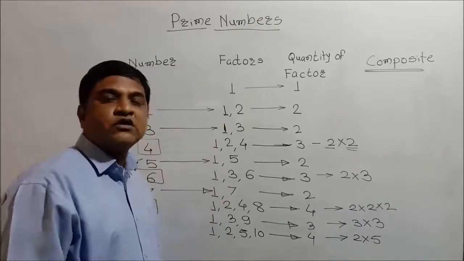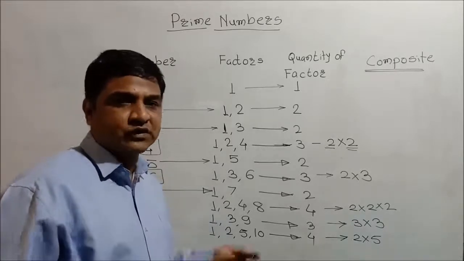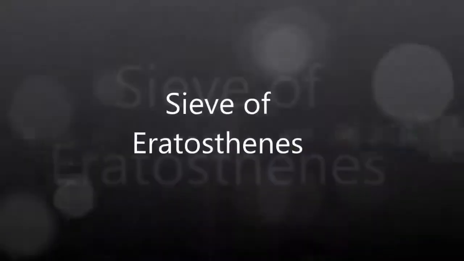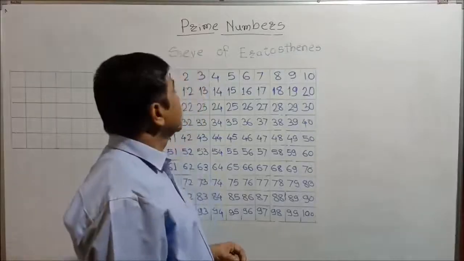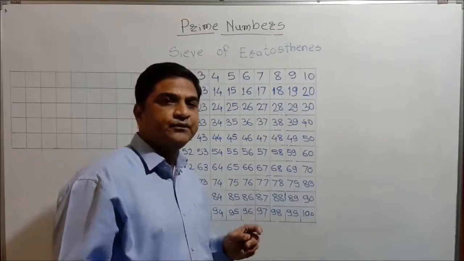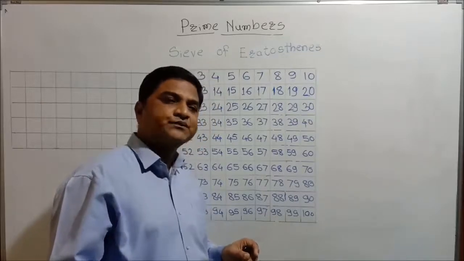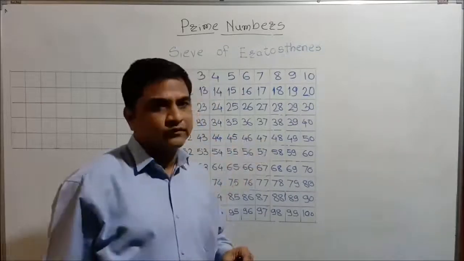Now let us go to find how to find the prime numbers from 1 to 100. In this session, we will see how to find out the prime numbers easily when you are given a sequence of numbers.